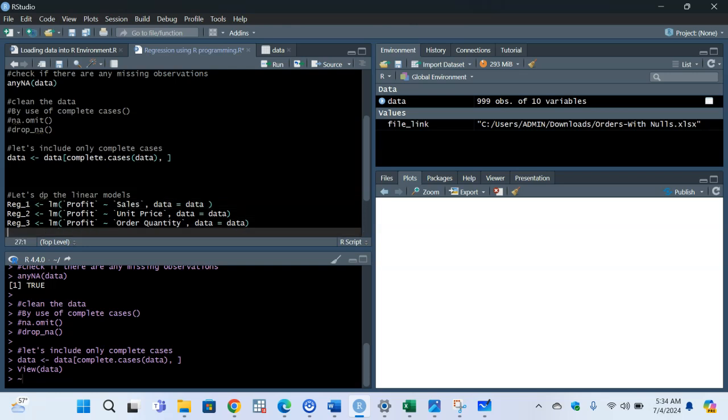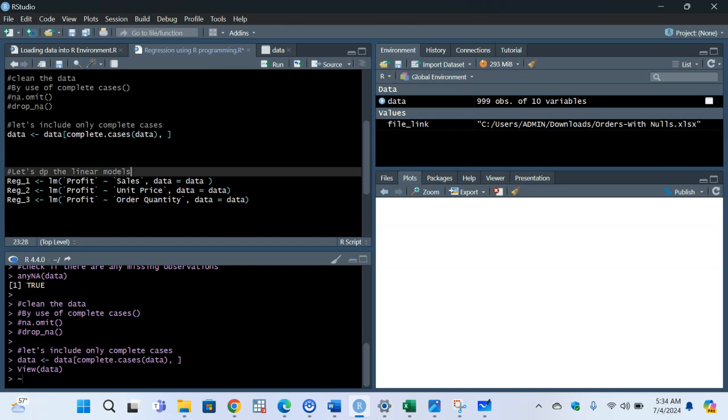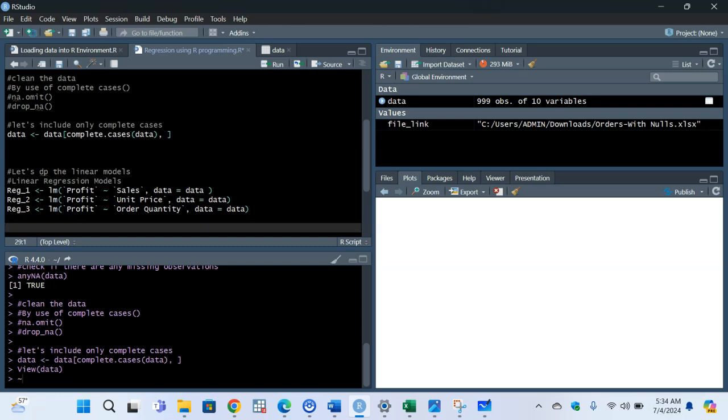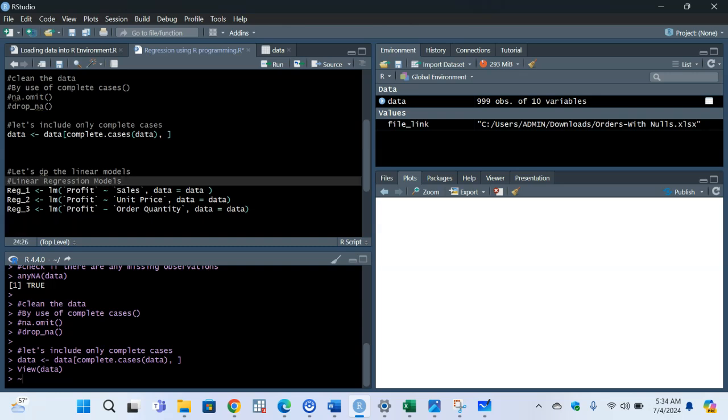So these, if I may rename them, allow me to call them linear regression models. Or rather, apart from linear, we call them bivariate linear models.